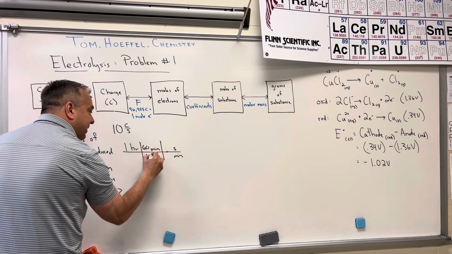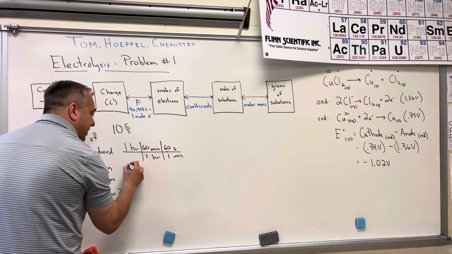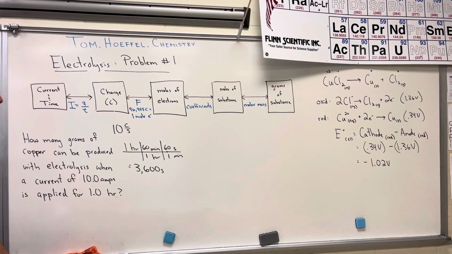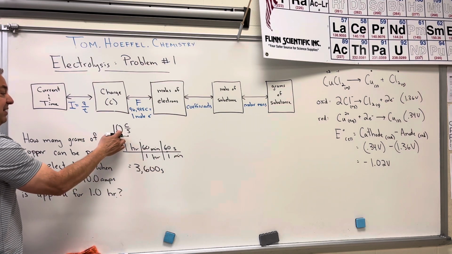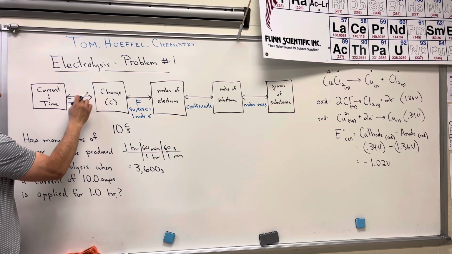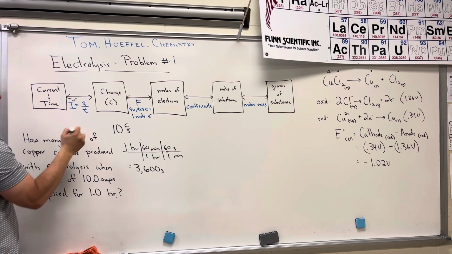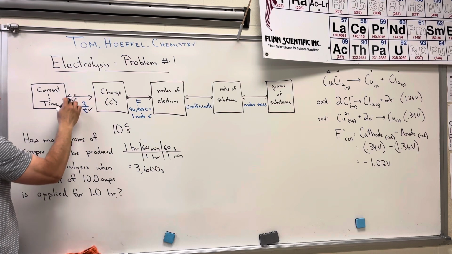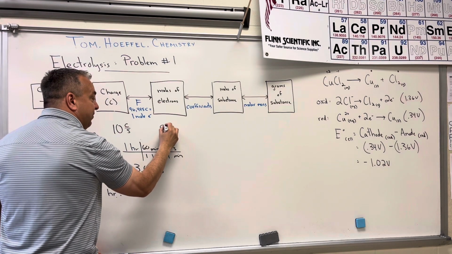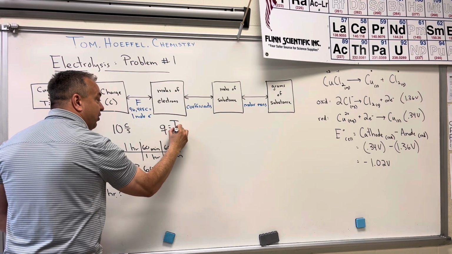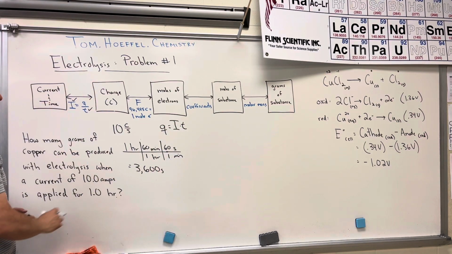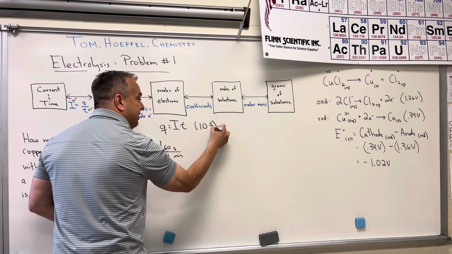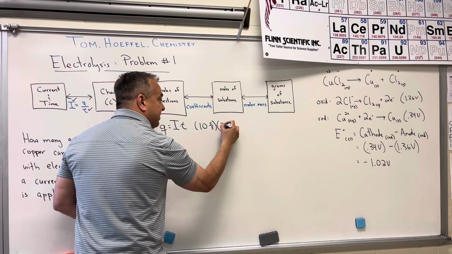There's 60 minutes in an hour and 60 seconds in a minute, and this comes out to 3,600 seconds. Now I'm going to use this time and this current in order to figure out charge, which is Q. I is current, T is time, and I'm going to use those values to figure out Q. Q is equal to the current times the time, so 10 coulombs per second times 3,600 seconds.